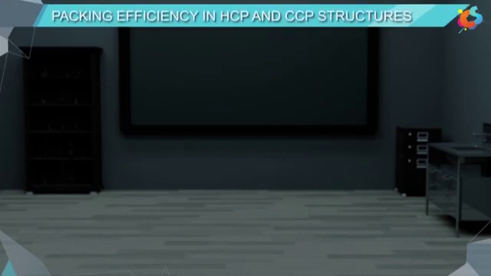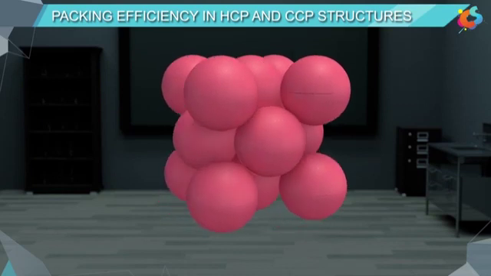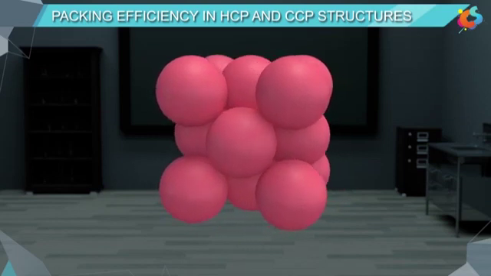Packing efficiency in HCP and CCP structures. Face-centered cubic unit cell. Let us calculate the efficiency of packing in CCP structure. Cubic close packing is same as face-centered cubic packing.